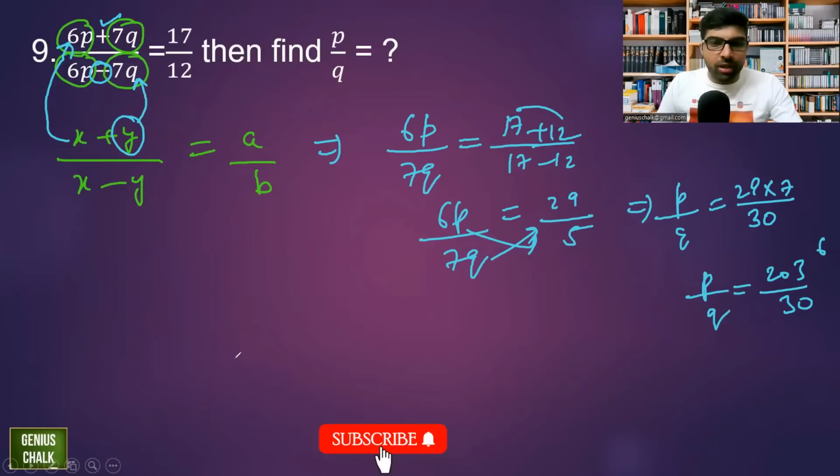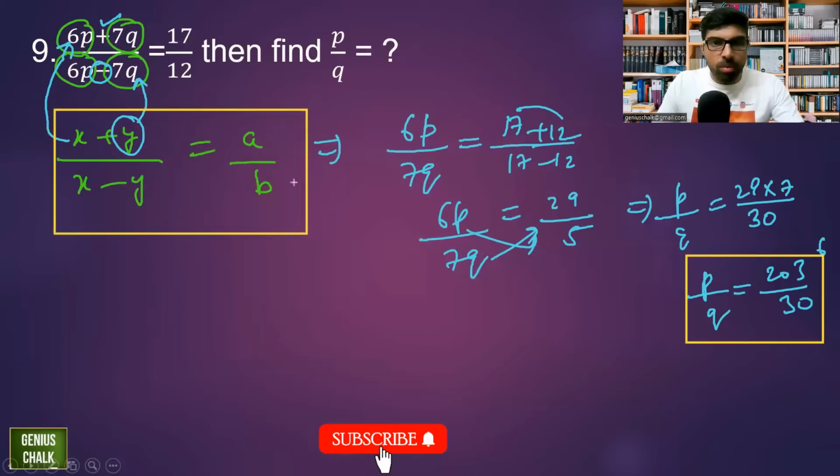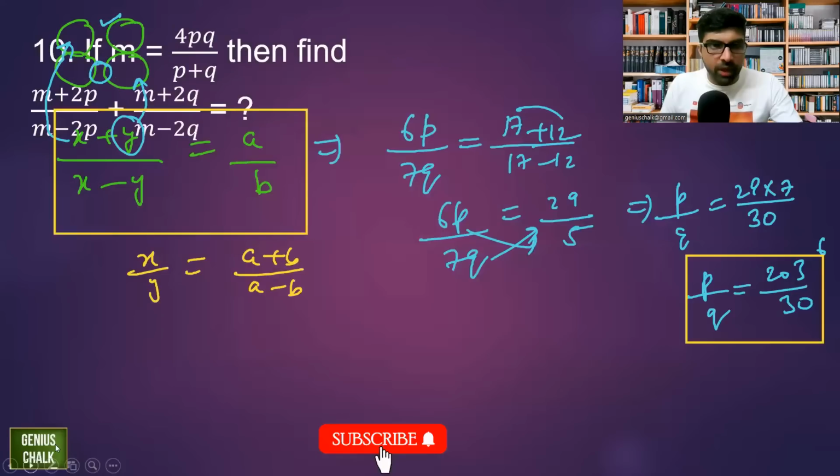This is my final ratio of P by Q. So you have seen how quickly we can solve the questions using componendo dividendo. Please remember, this form is very, very important. If any number is given in this form, we can directly write the ratio of X and Y as A plus B and A minus B, applying componendo and dividendo in one step.